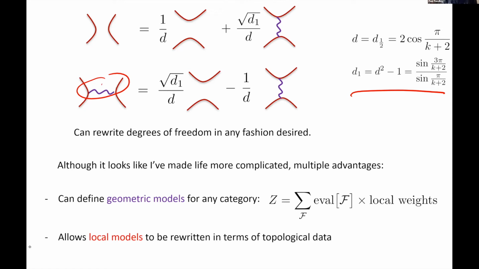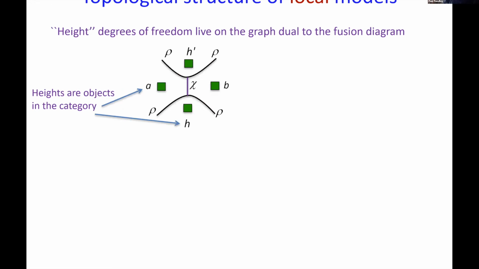So let me tell you very quickly how you get a local model. I'm going to give very few details, but this is really an enormous advantage. These local models, if you just define them by brute force, are nasty. Basically nothing I'm going to tell you in the rest of the talk can you actually do for local models. Even for Ising, you can do a few of the things.